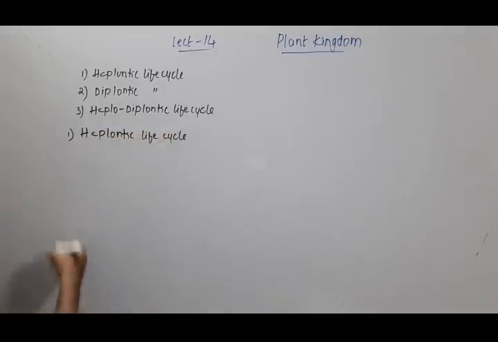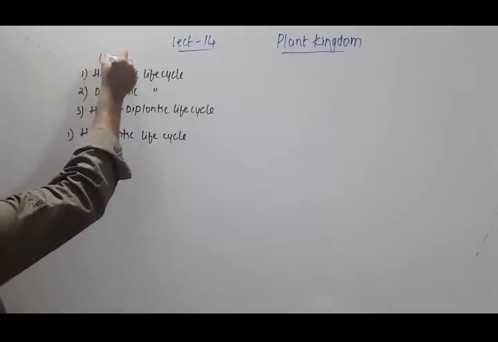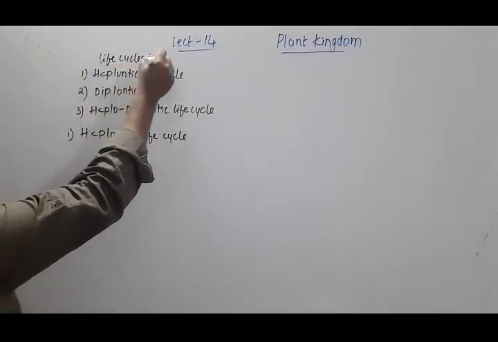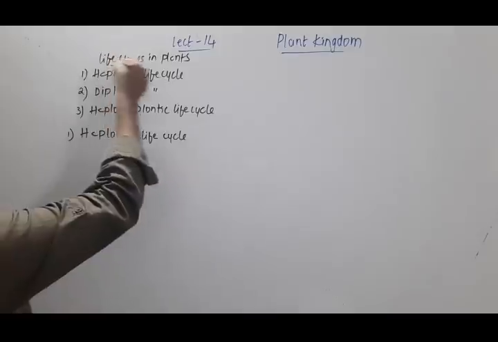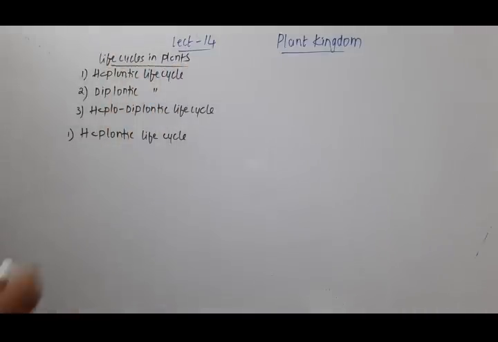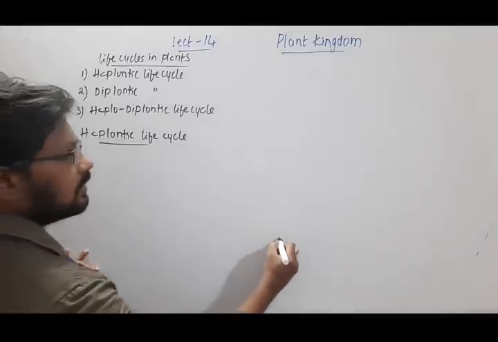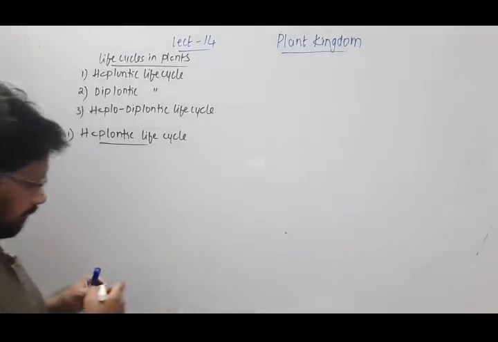So the life cycles in plants, the first one, haplontic life cycle. Coming to this haplontic life cycle, we will start with the gametophyte.